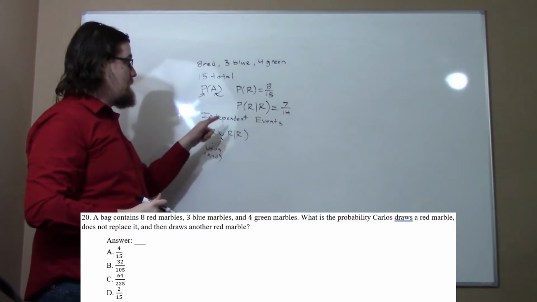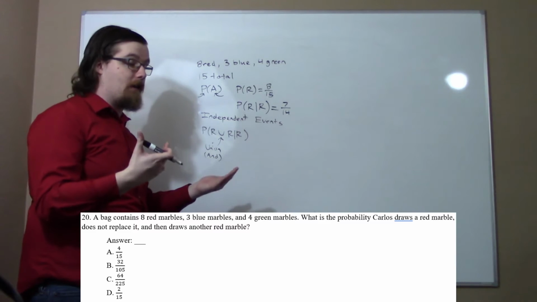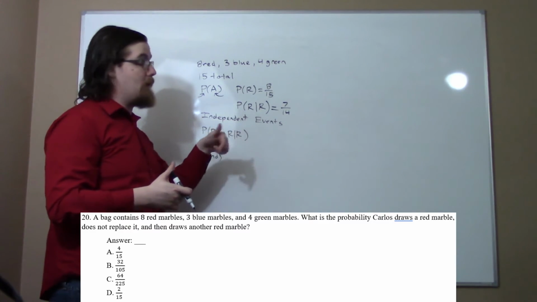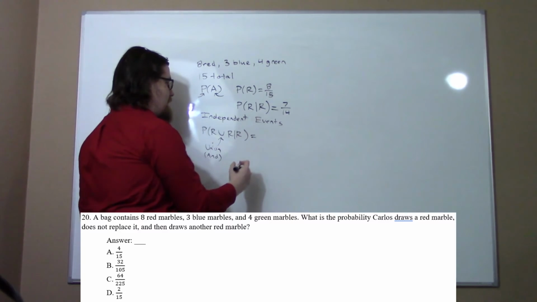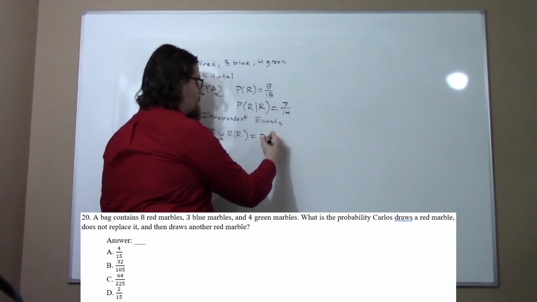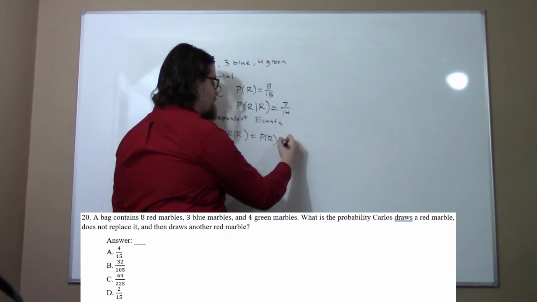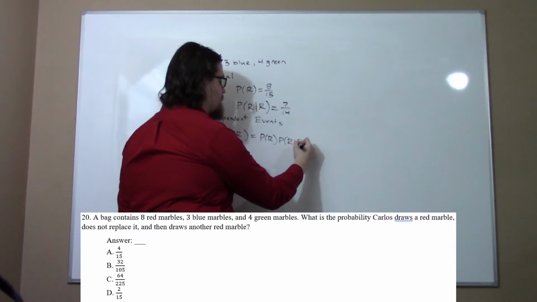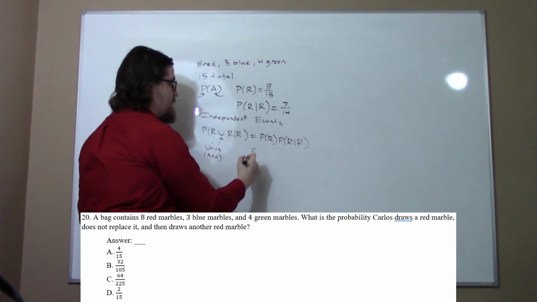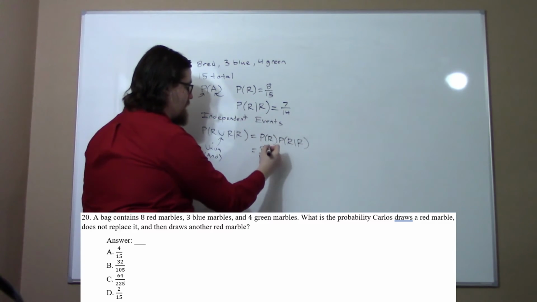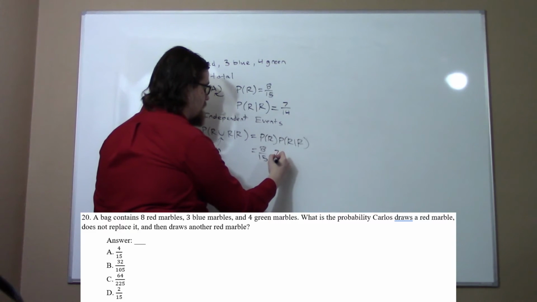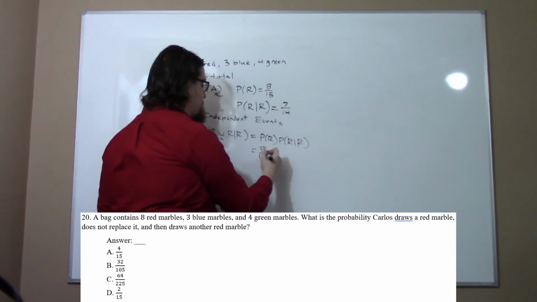So the probability that we draw red, and in our second drawing we draw red given that we've already drawn red, is written like this, and then that's just the two of them multiplied together. This is simply 8 over 15 times 7 over 15, or 7 over 14, I'm sorry.